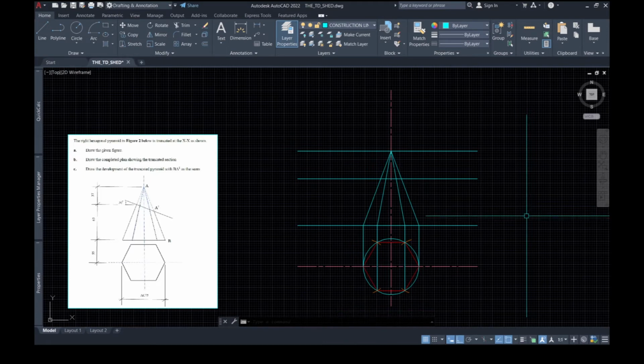Now that we have produced the outline of our pyramid, we could use the break command to reduce the lengths of this line, because the extreme lengths are no longer significant.